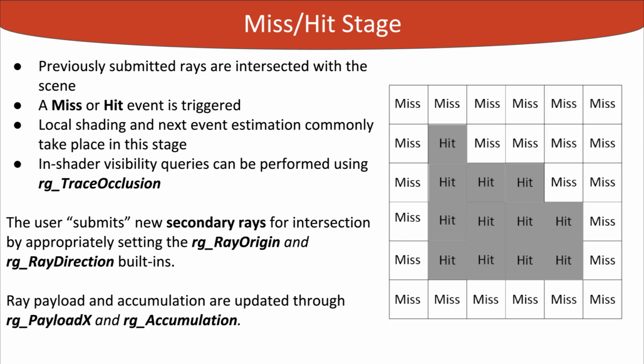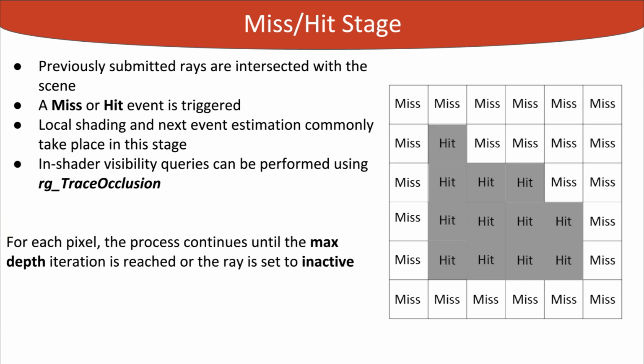Ray payload and ray accumulation are further updated through RGPayloadX and RGAccumulation. These newly submitted rays are in turn intersected with the scene, potentially triggering new miss or hit events. A pixel shader's execution only stops when the max depth iteration is reached or each ray is set to inactive.